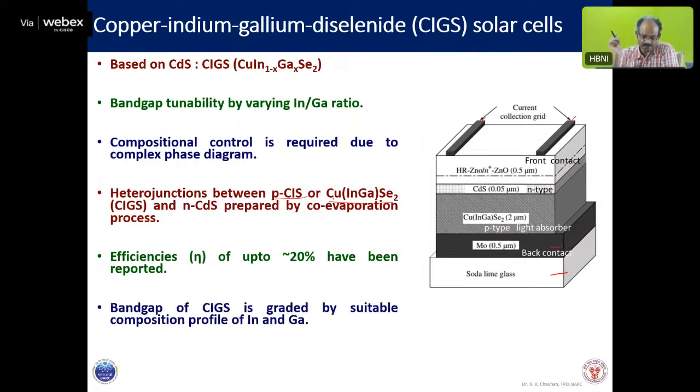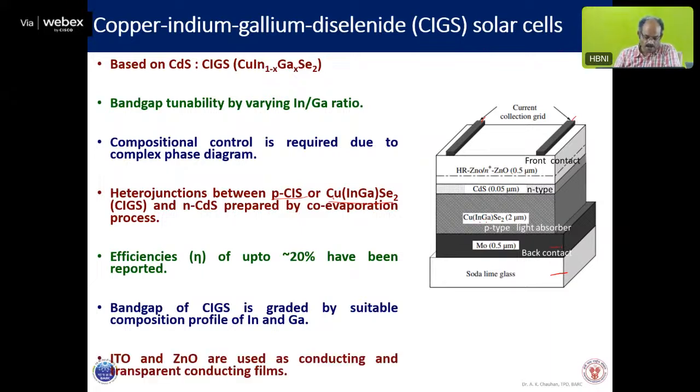The band gap of CIGS is graded by a suitable composition profile of indium and gallium. By changing the ratio of indium and gallium, we can tune the band gap. ITO and ZnO are used as transparent conducting films. So at the top side, either you use ITO, indium tin oxide, or zinc oxide.